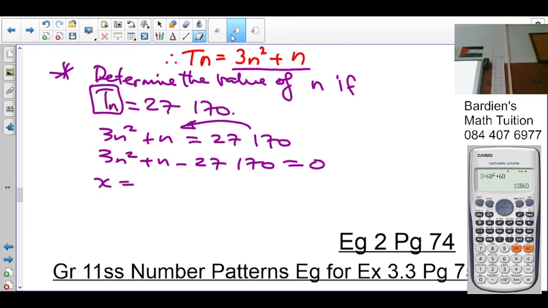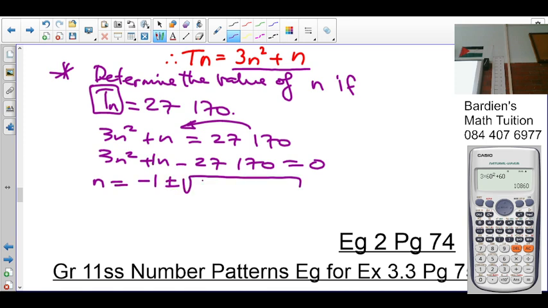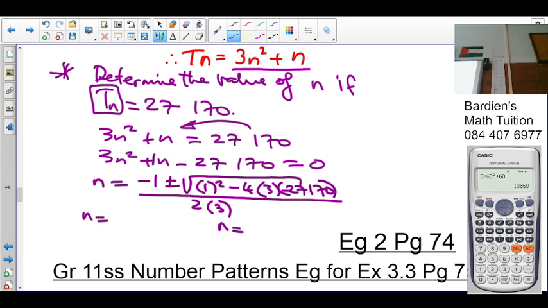So what we're going to do, we're going to use the quadratic formula. In this case, it's now going to be n is equal to minus b plus or minus the square root of b squared minus 4ac, where a is 3, c is negative 27,170, over 2a, which is 6. So n can be one of two values, so we put that in the calculator.